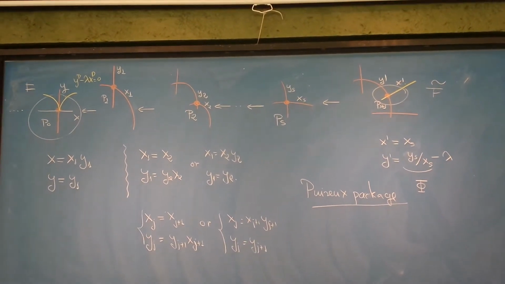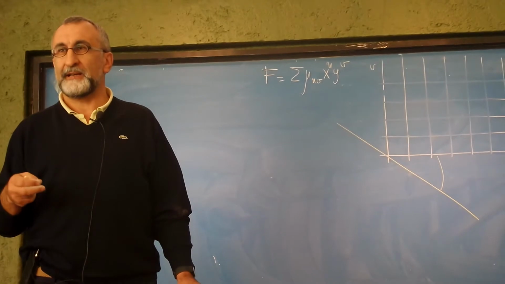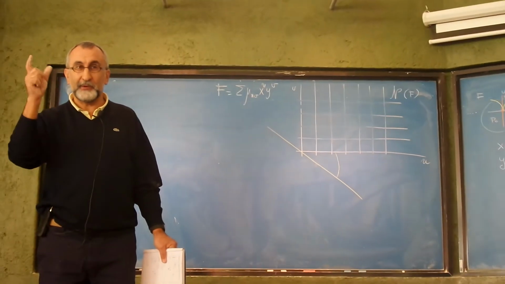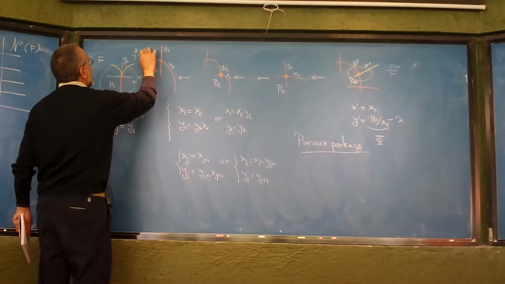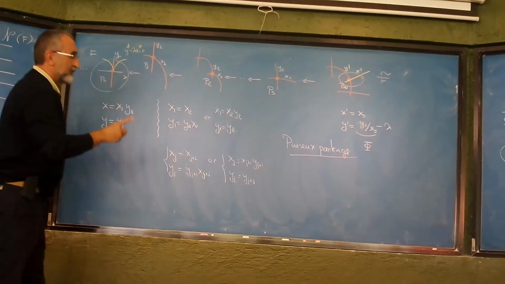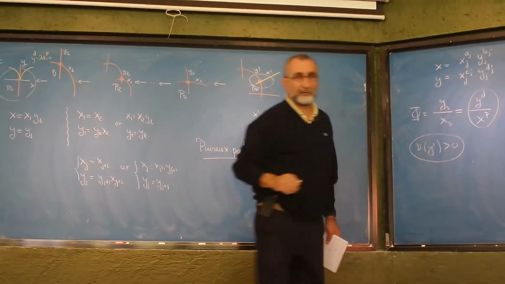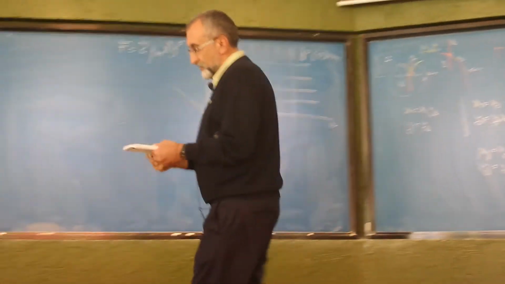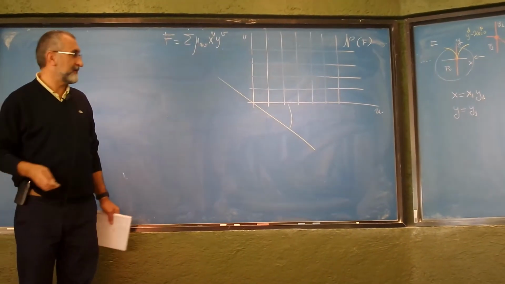This curve is also interpreted as a key polynomial for this case. You mean y^p minus lambda x^d? Yes, y^d minus lambda x^p. It corresponds to the contact rational function. I call it the contact rational function.